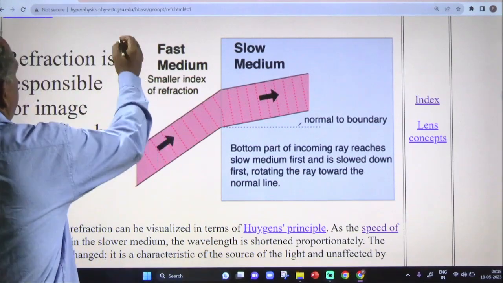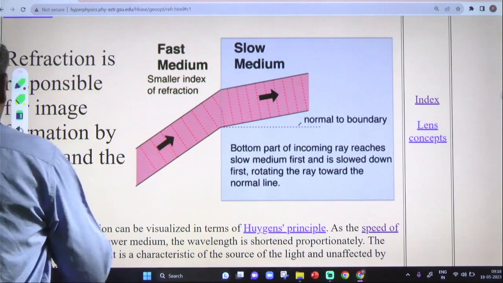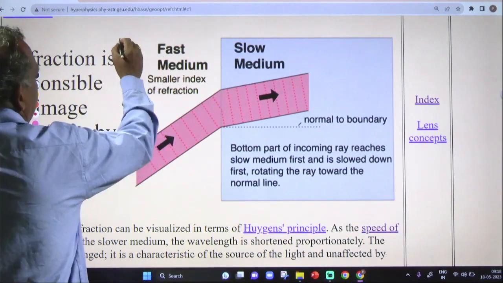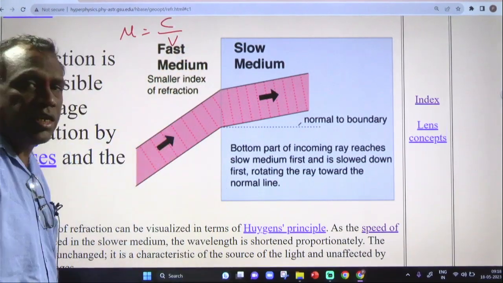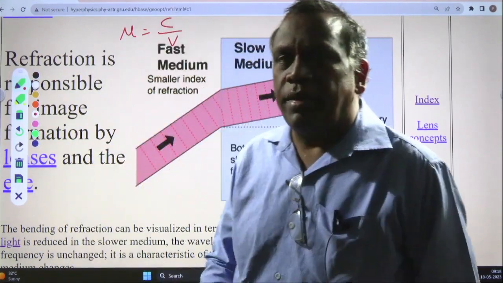The refractive index is denoted by mu. Mu is equal to C by V, where C is the speed of light in vacuum, divided by V, the speed of light in the medium.